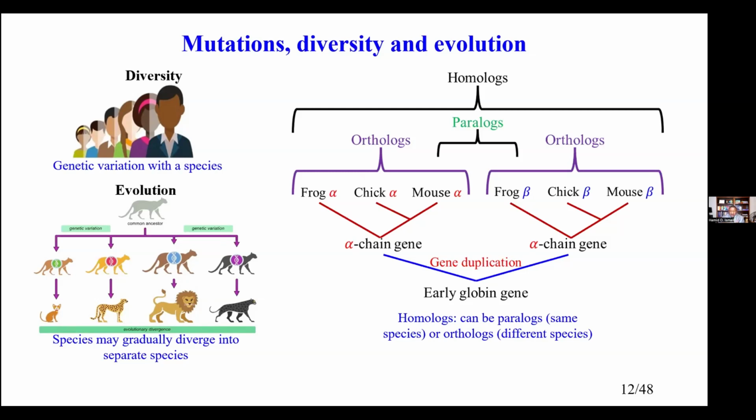Now it has become almost a fact that living organisms are diverging from common ancestors. Because of mutations and speciation, we get different species. So the diversity of these species is due to evolution, and evolution is due to mutations.